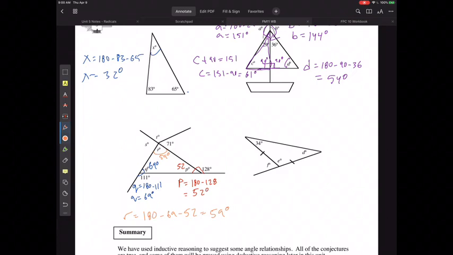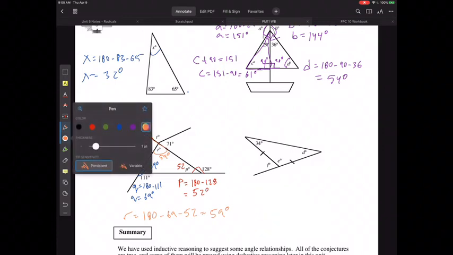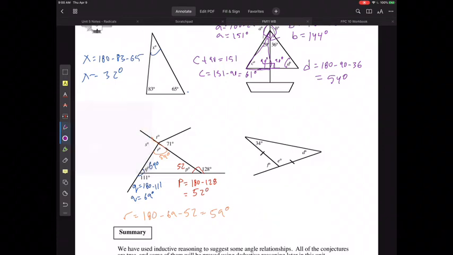We can see here that S and R are on the same straight line. So S and R have to add up to 180. S is going to equal 180 minus 59, or S is going to equal 121 degrees.